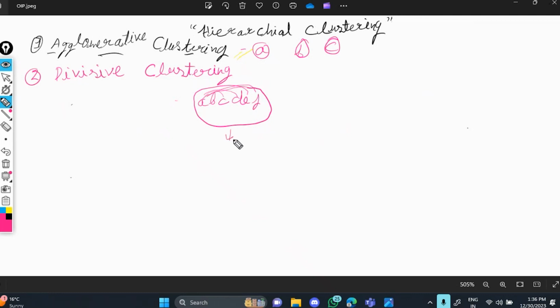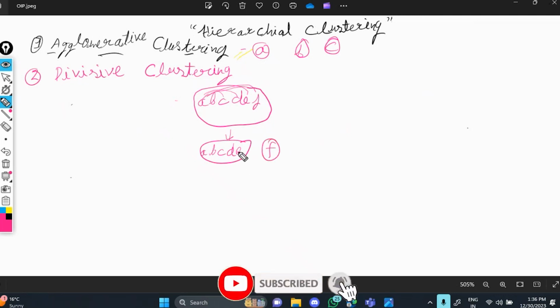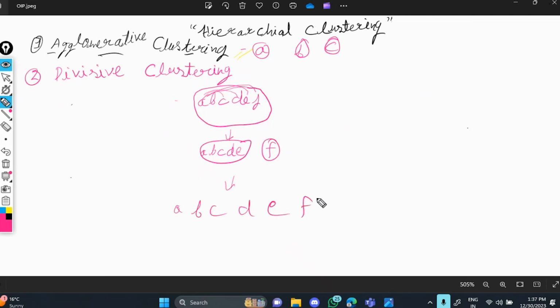Say in the first step, F is removed. So one by one, each record will separate, and it will become A, B, C, D, E, and F. So this is the difference between agglomerative clustering and divisive clustering.